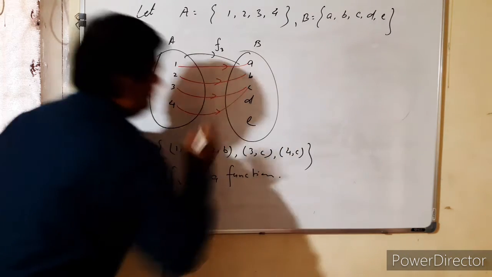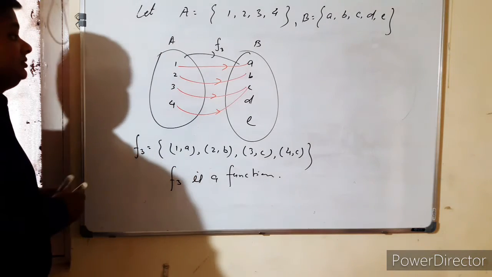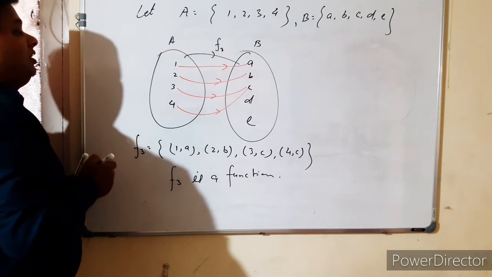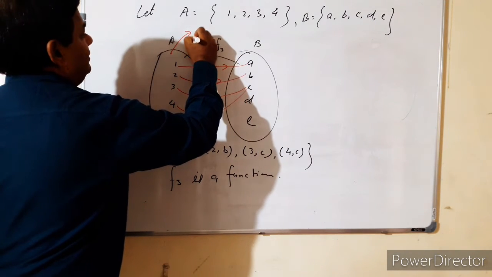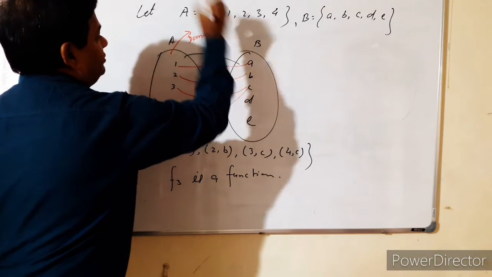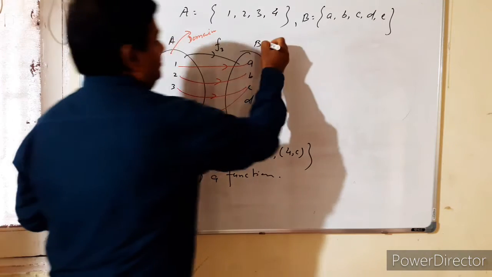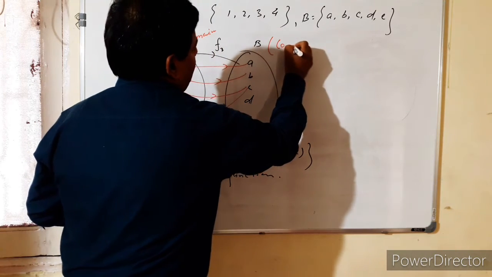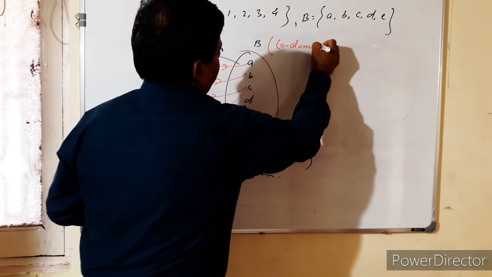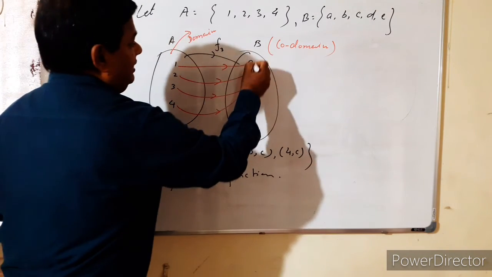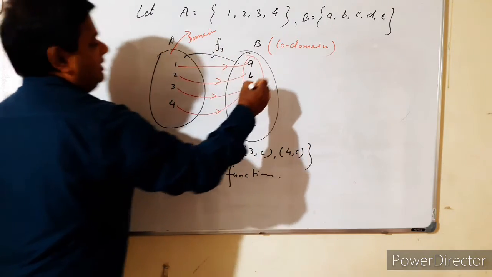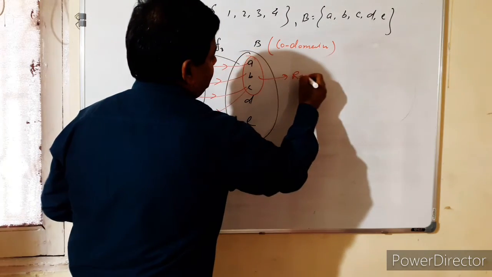Now, this part A is called the domain. B is called the codomain, and here A, B, C is called the range.